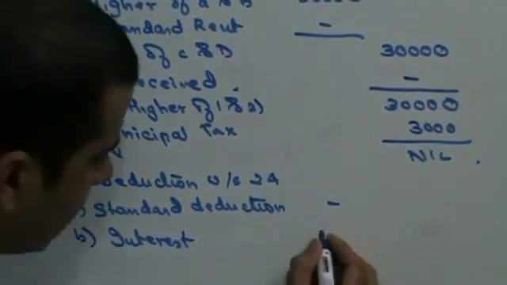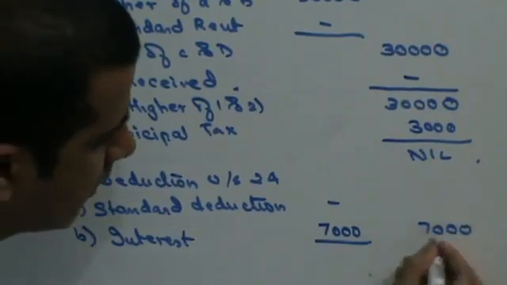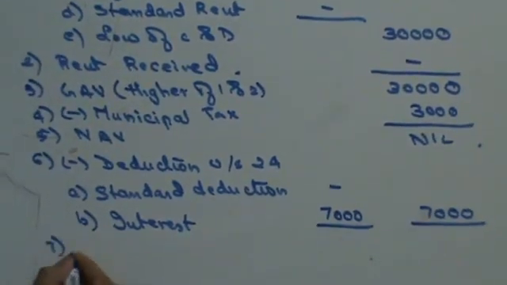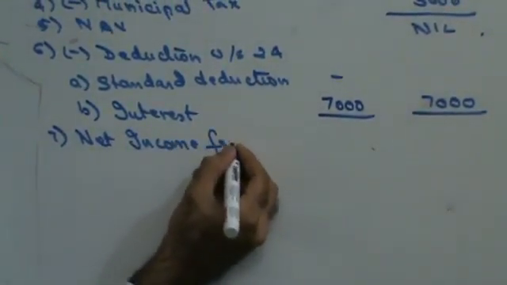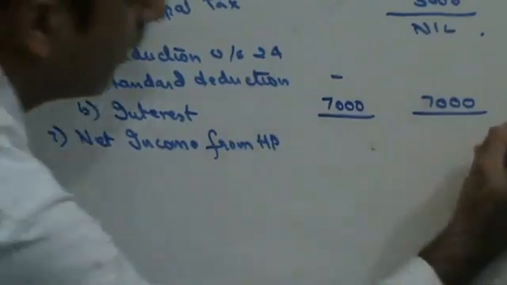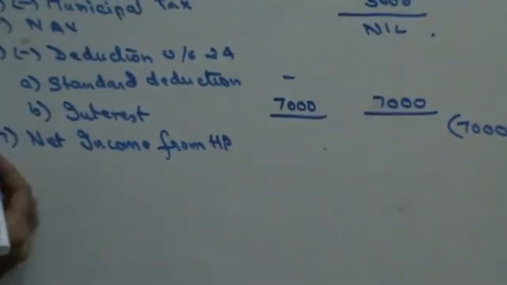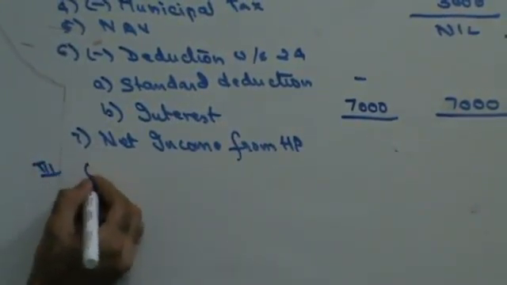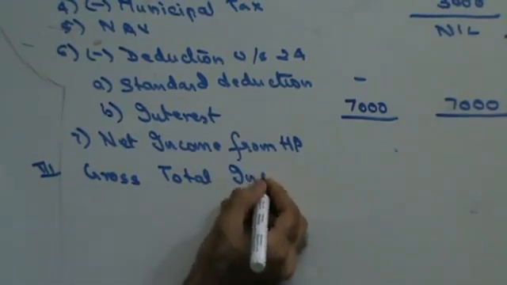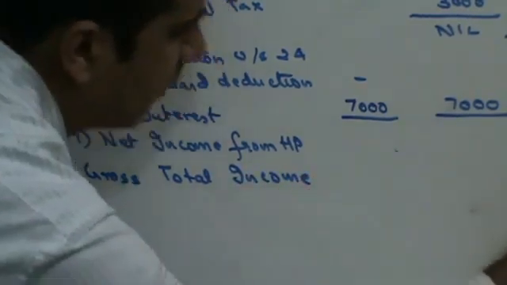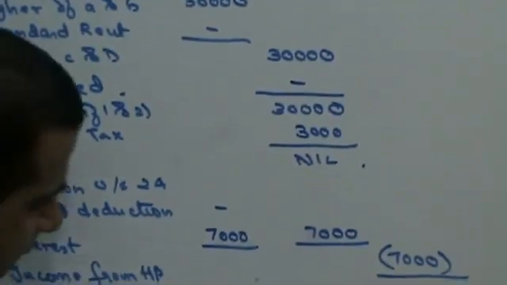So your net income from HP is going to be 7,000 negative. So you will get gross total income. Someone please help me get this. 164 and 7, so 167.